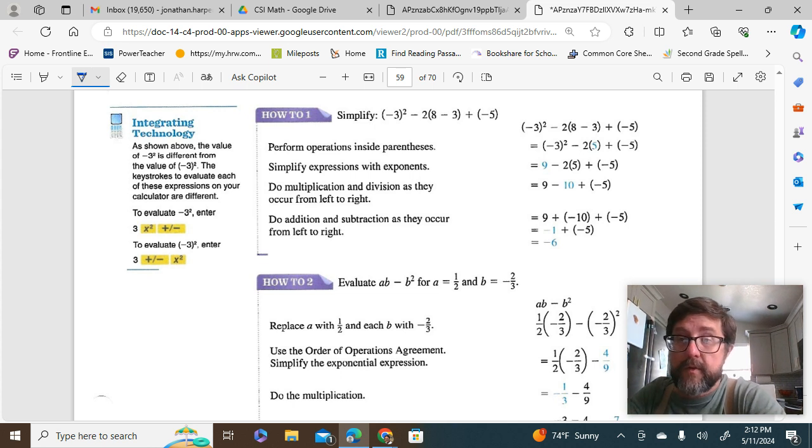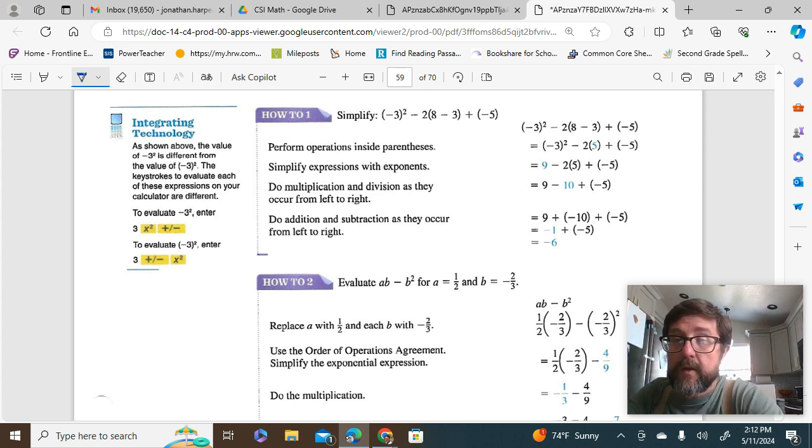Over here in the example, you can pause this if you want to read this on your own. Negative 3 squared minus 2 times 8 minus 3, plus negative 5. It's actually 2 times 5.